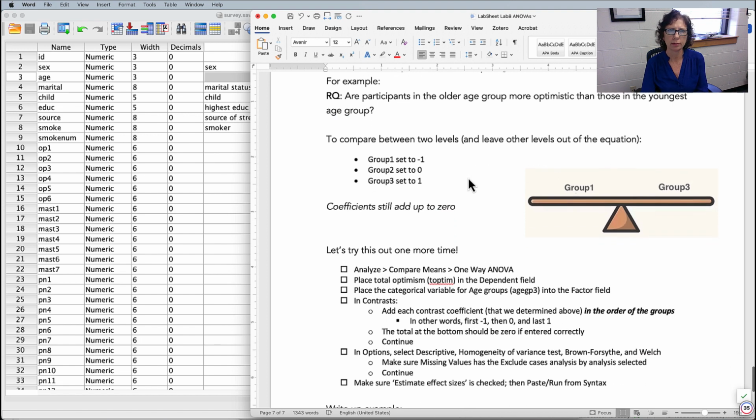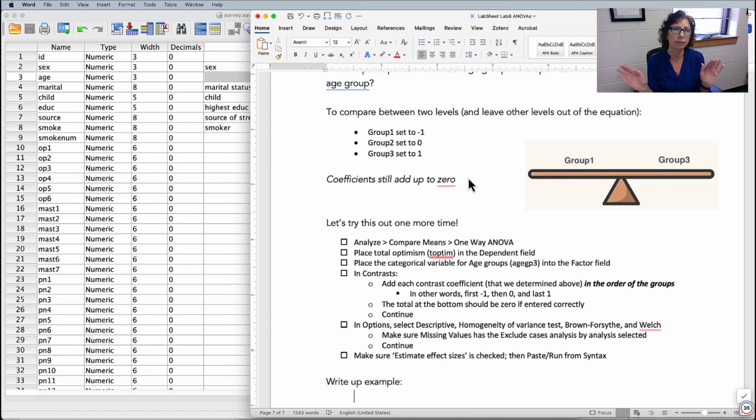So to compare between two levels and leave other levels out of the equation, we want to set the contrast coefficients so that we still have that balance where the coefficients add up to 0, but set to 0 any of the levels that you don't want included at all.